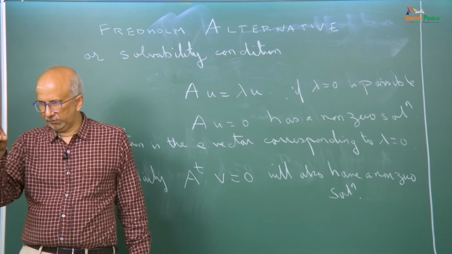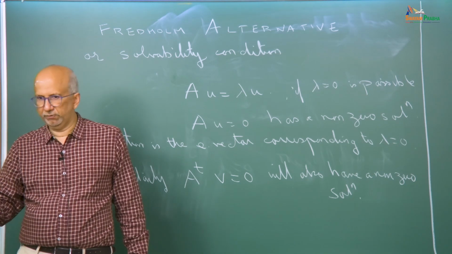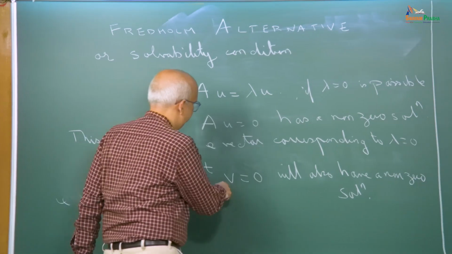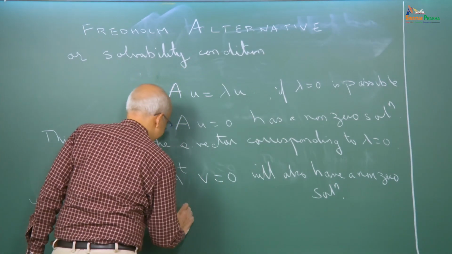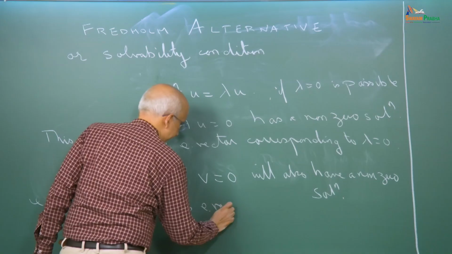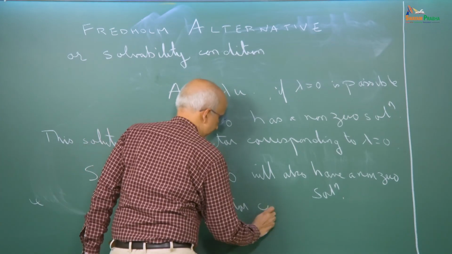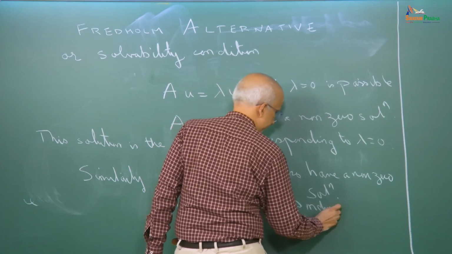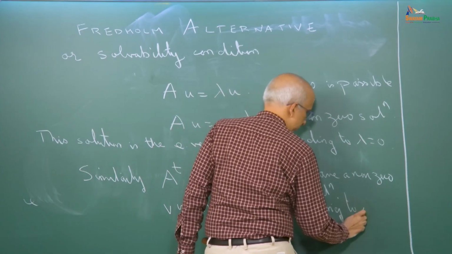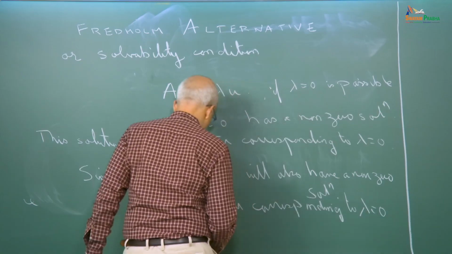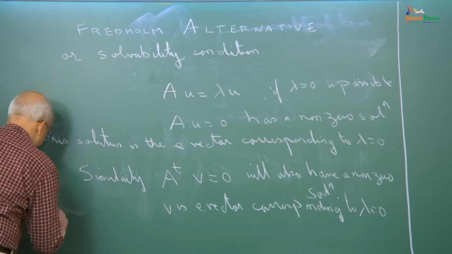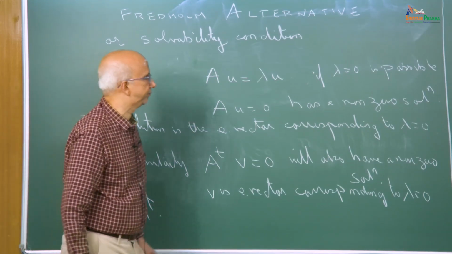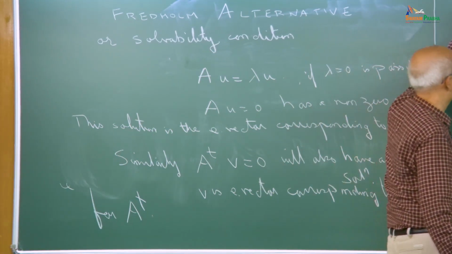If 0 is an eigenvalue of A, 0 is also an eigenvalue of A transpose, okay, and the corresponding eigenvector is v. v is the eigenvector corresponding to lambda equal to 0 for A transpose, okay.